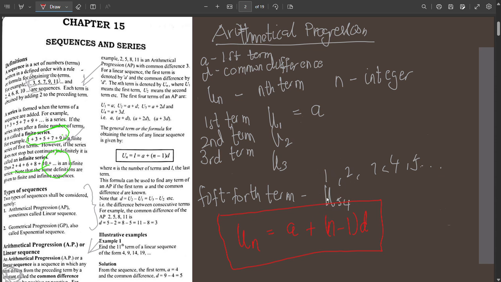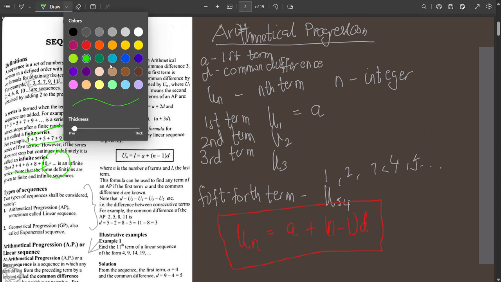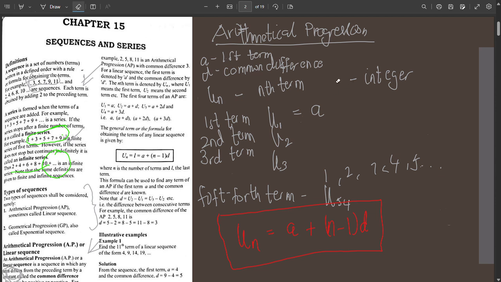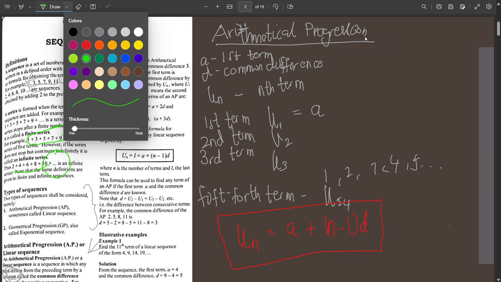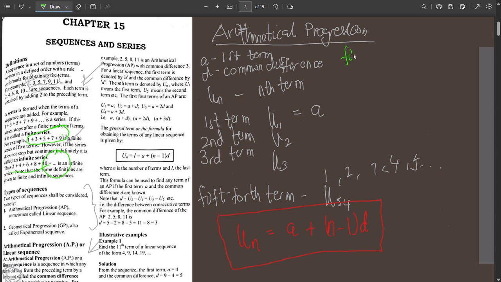So using this formula, let's write out the first four terms of an arithmetic progression.